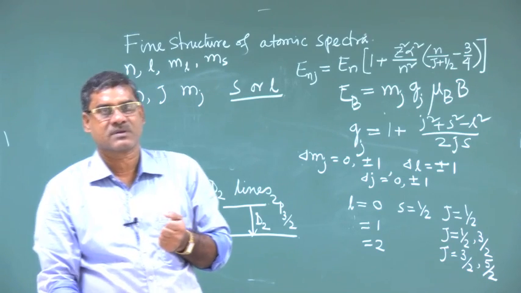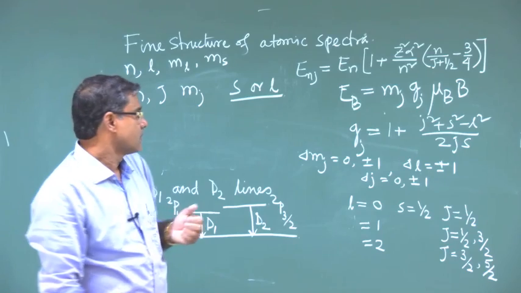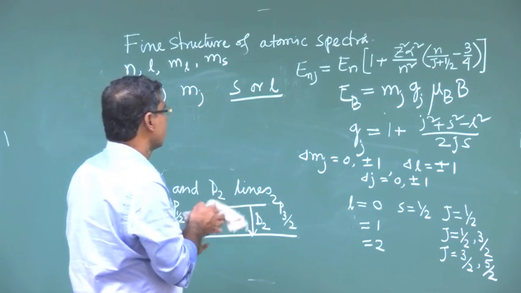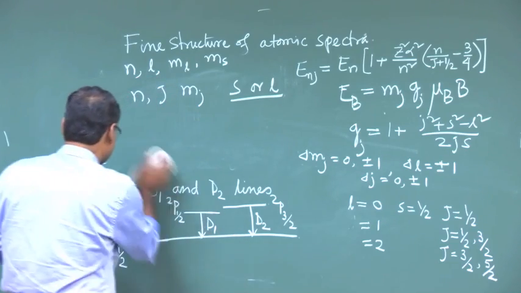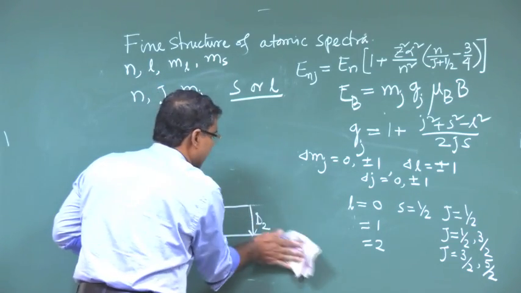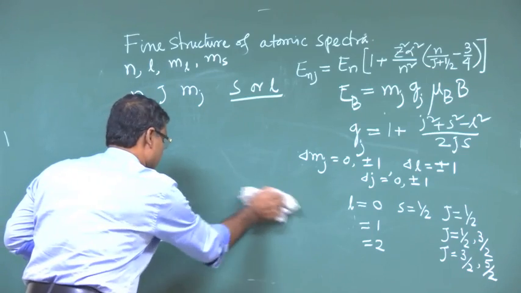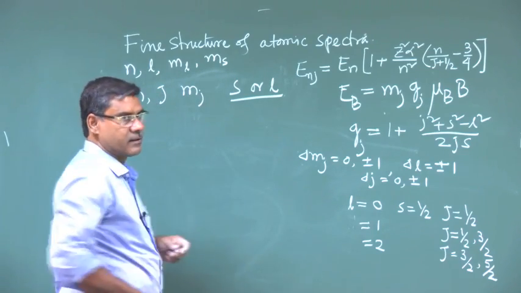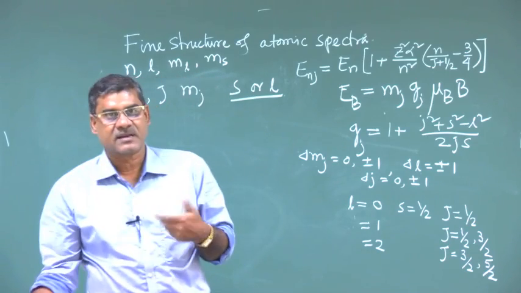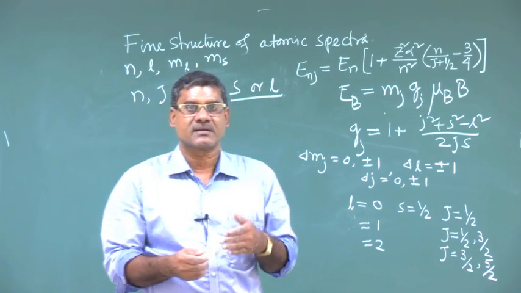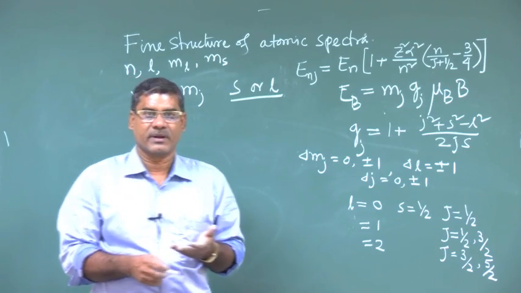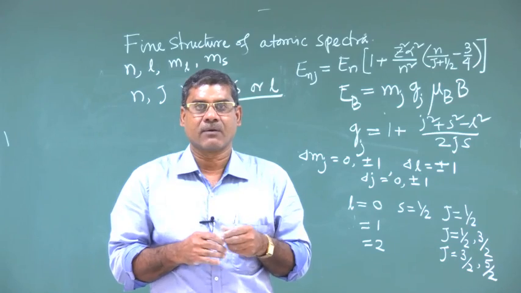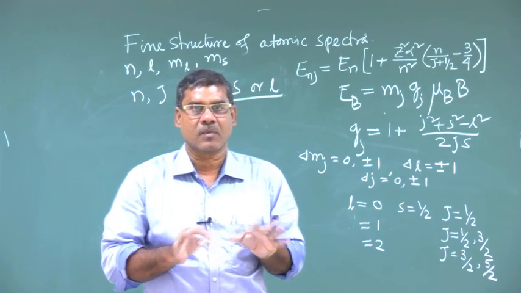So far whatever we have considered is for a single electron, and for a single electron we have explained the different kinds of spectral lines, whether in presence of electric field, in presence of magnetic field, or without any electric or magnetic field, which is normal.